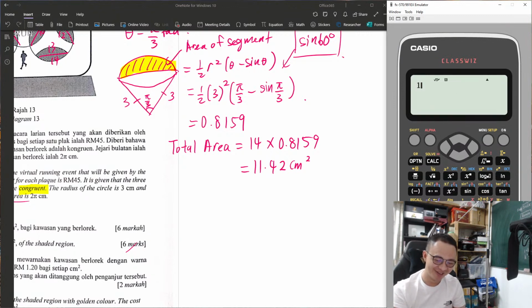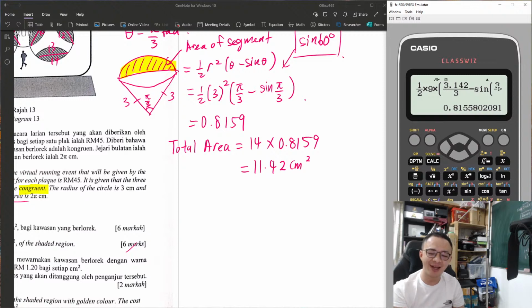Let's do it. 1 over 2, 3 squared is 9, and 3.142 over 3. Yeah, I forgot about the decimal. Minus sine 3.142 over 3. Make sure the calculator is in R, type enter. You will get, yeah.